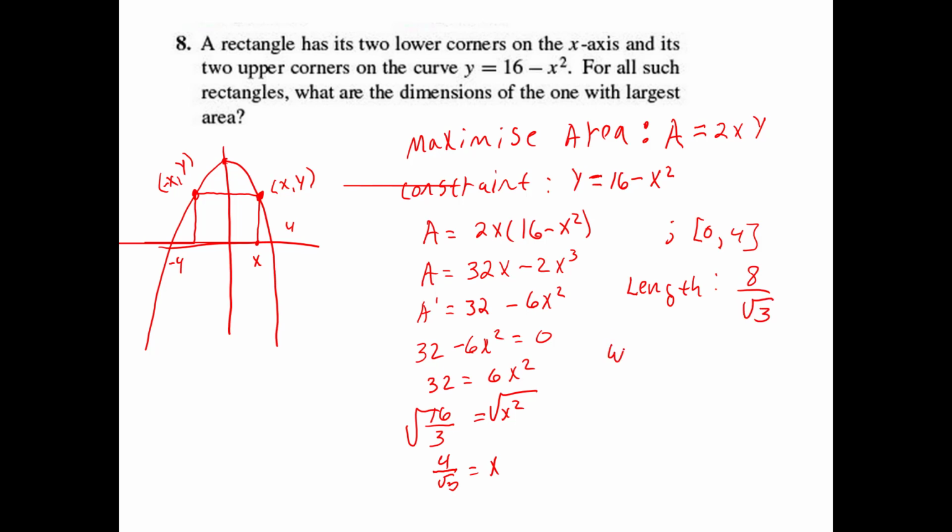And then the width is the y value, and the y value is 16 minus your x squared, so 16 minus 16 over 3, which is 32 over 3. Okay, so we have the dimensions, the length and the width. It's time to move on.